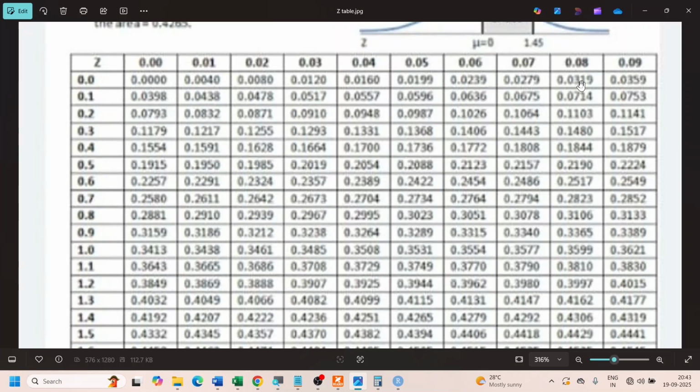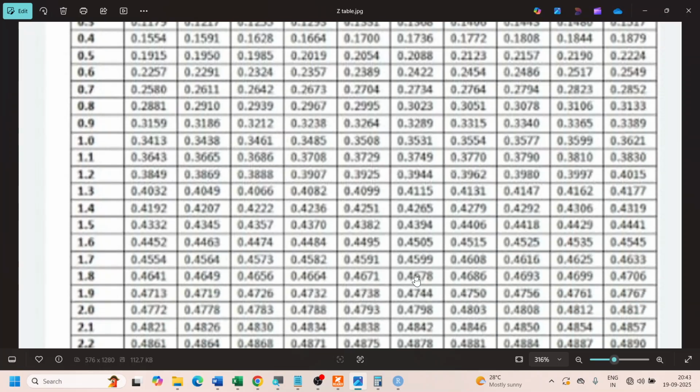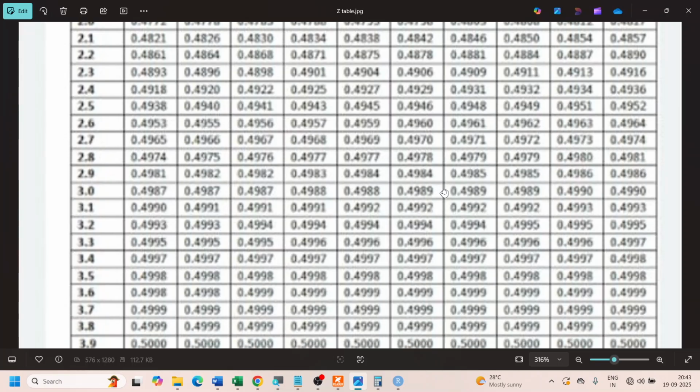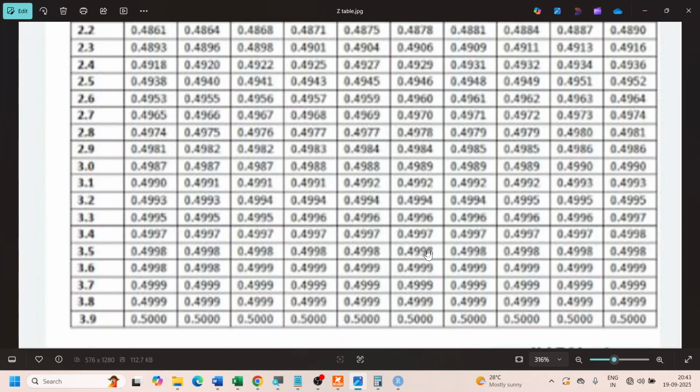The 8 is here, the last but one. Let me go to 3.5. So this is the value 3.5. Last but one is for 8. Last one is 0.9, so this is 8. The value is 0.4998.